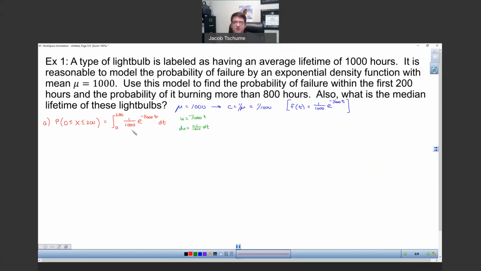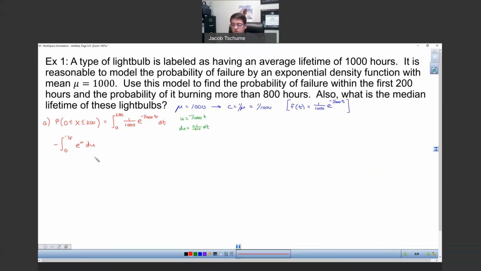So when I substitute this u sub in, I would pull that extra negative in front of the integral. I must change my parameters. So if I plug the 0 and 200 in for t, my new parameters would be from 0 to negative 1/5, e to the u du.